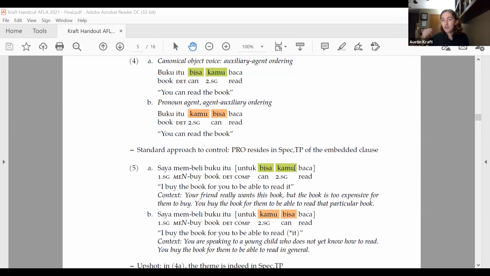Whereas when we diverge from canonical object voice word ordering under the same matrix clause, we get a sentence that would translate to, I buy the book for you to be able to read. The judgments were quite strong in terms of the acceptable meaning or context behind this, namely a sentence like 5B being acceptable where the speaker is presenting a book to the addressee, and the addressee does not yet know how to read, say, speaking to a child.